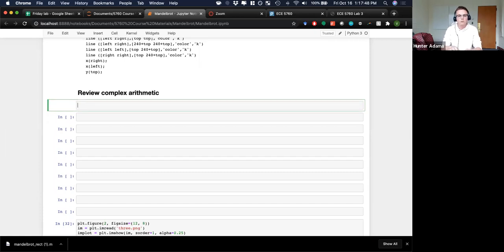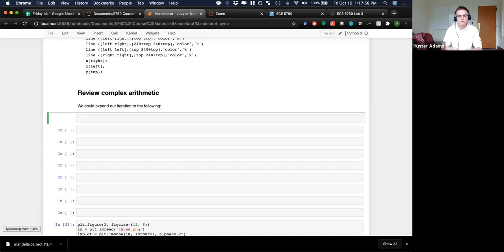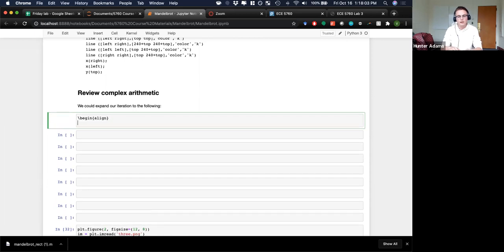So we could expand our iteration to the following. I want to separate this into the real and imaginary parts. So we'll say ZR at n+1 plus complex J. I think ECE is like J, right?